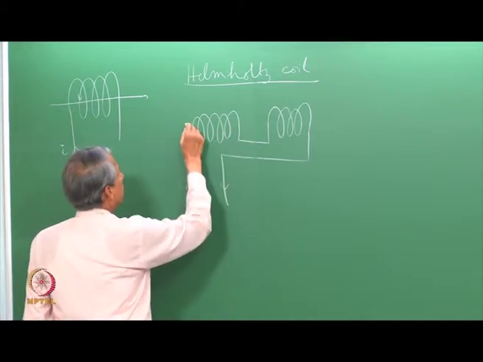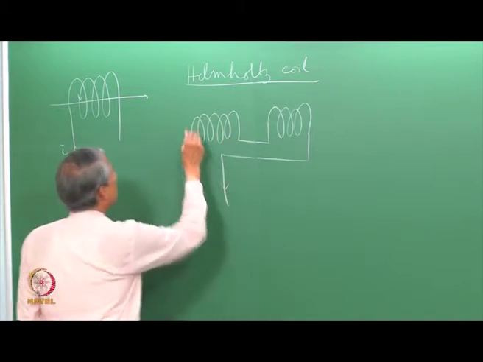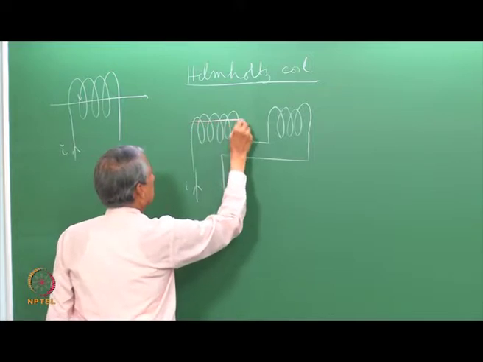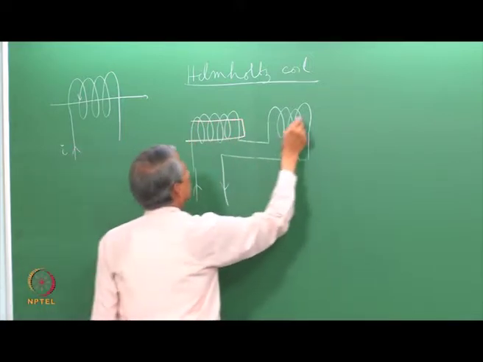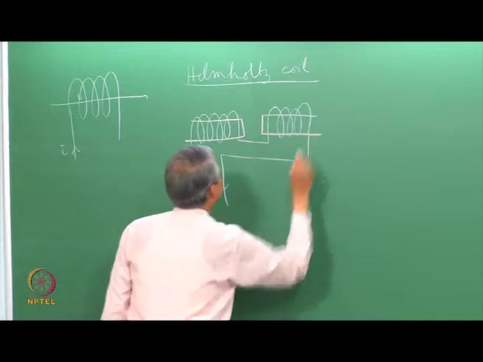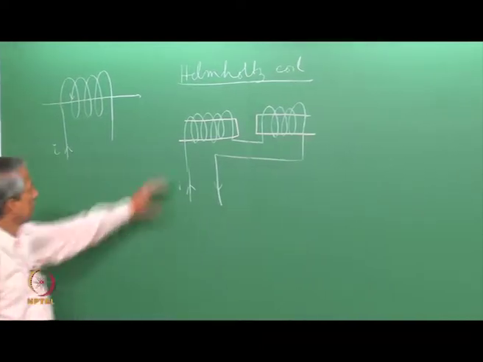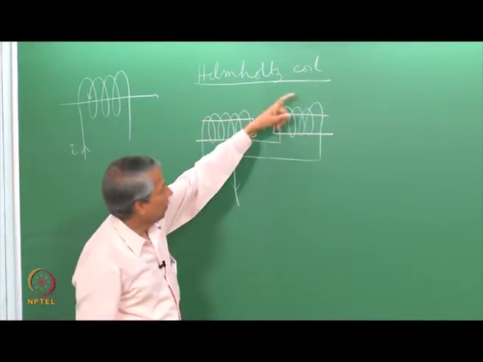To increase that, we insert a soft iron core here, so the magnetic field lines are forced to stay inside. This is a soft iron core and the coil is wound around this core.